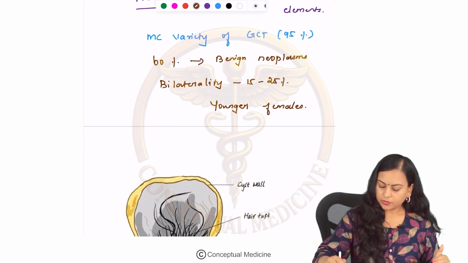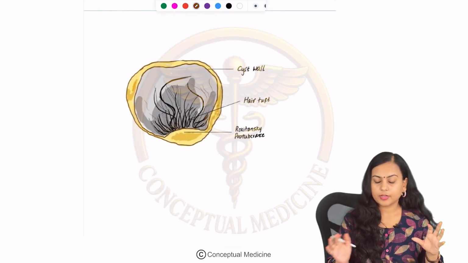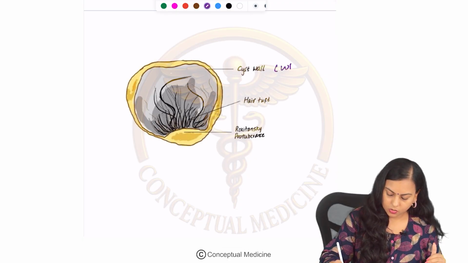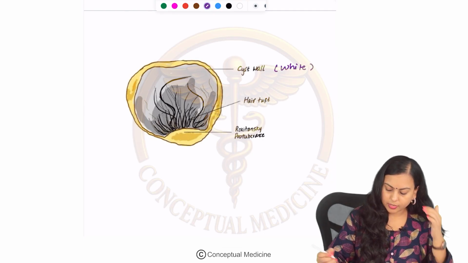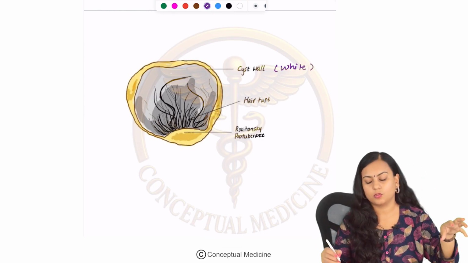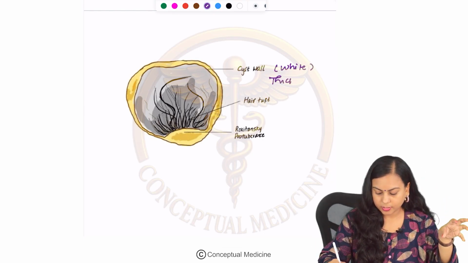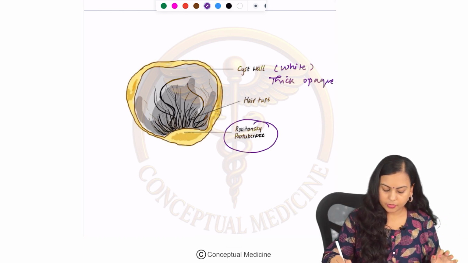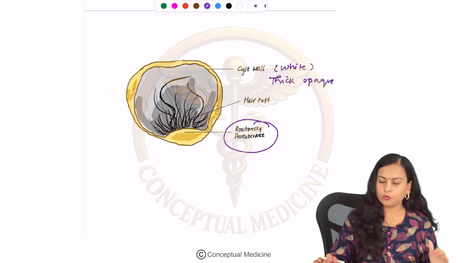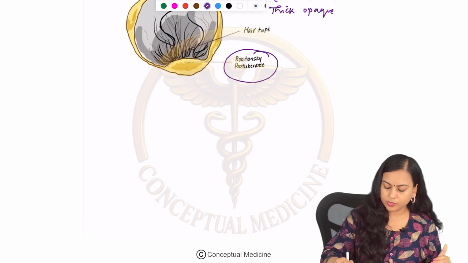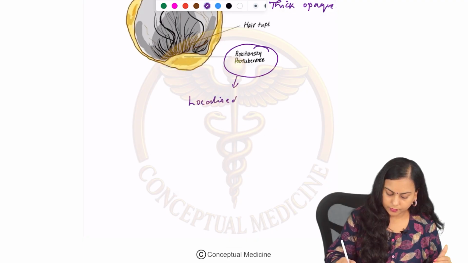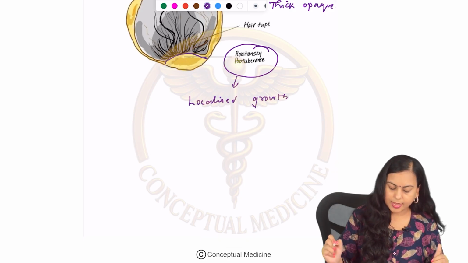Okay, so if you see the gross appearance on a cut section, you are able to see a cyst wall which is mostly white in color. Okay, and that will be a thick cyst wall, somewhat thick as well as opaque, and you will be able to see a Rokitansky protuberance. Okay, Rokitansky protuberance is nothing but a localized growth that protrudes into the cystic cavity.